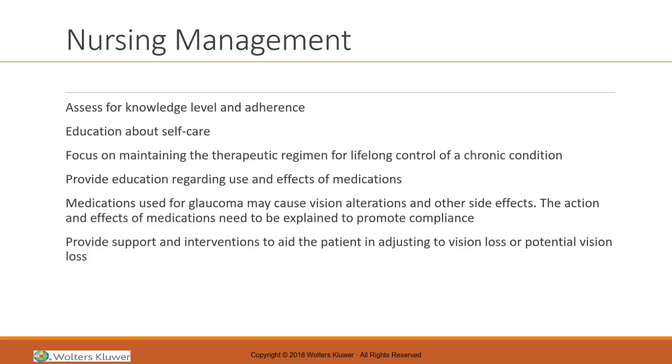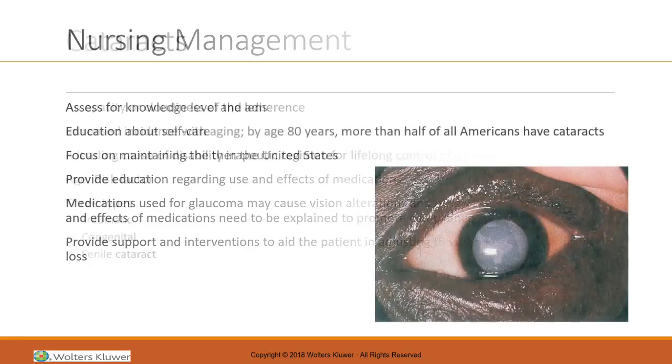They need to understand their medications and what to watch for, side effects of those medications, etc. And also help people to adjust to this slow, gradual deterioration of vision and how they can cope with it and get around it and still lead a good life.